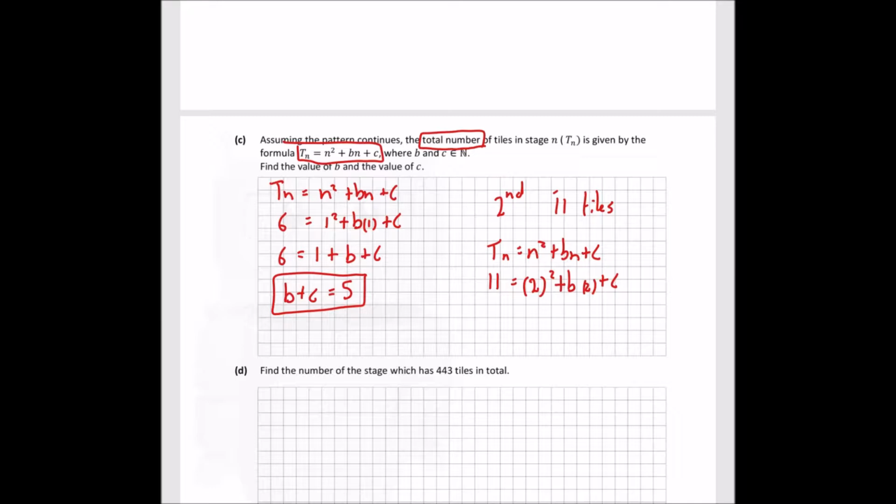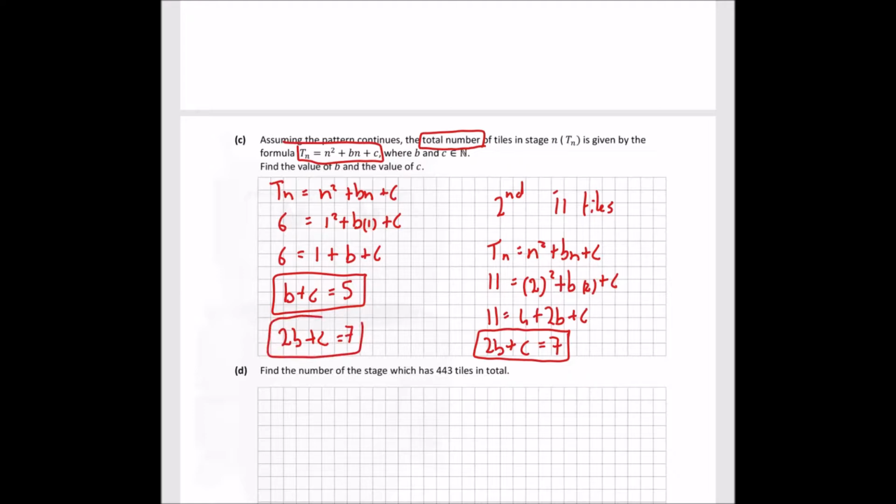So let's simplify this a bit. 11 equals 4 plus 2b plus c, which should give us 2b plus c equals 7. So there's my next equation. I'm going to write that equation over here. 2b plus c equals 7.